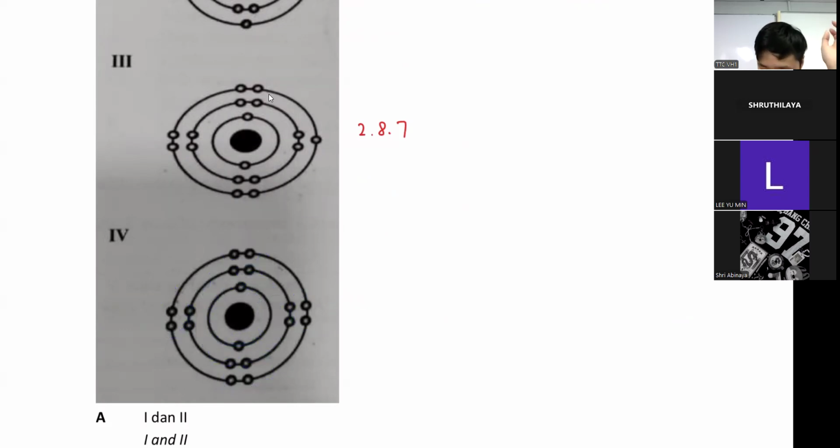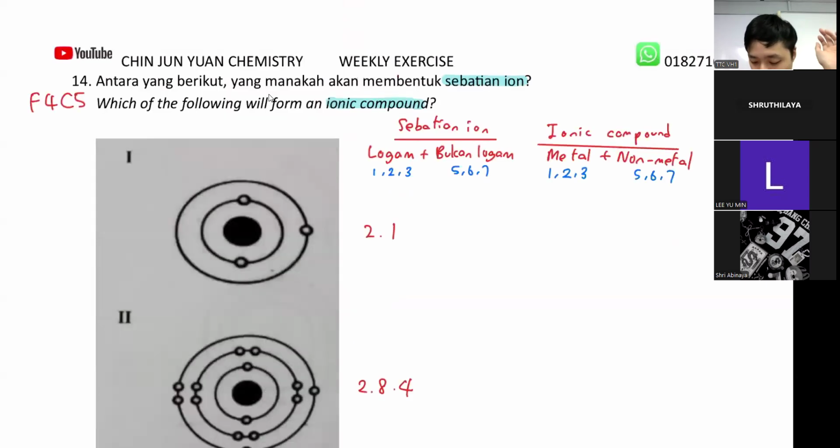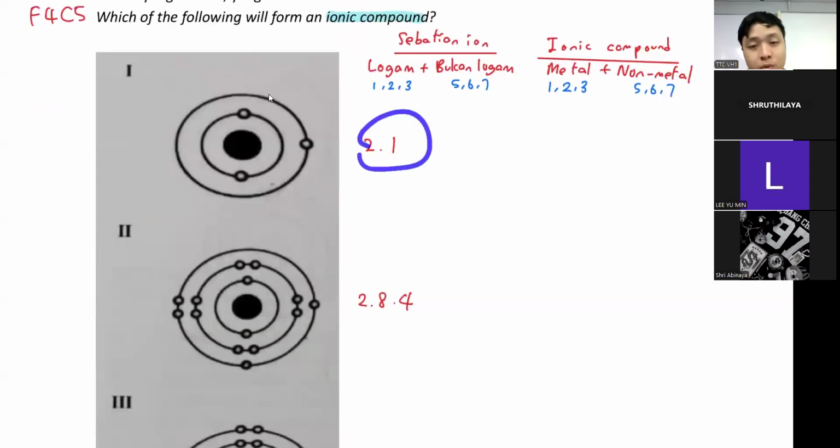The moment you see 2.8.8, no need to see it. The fourth is impossible. If you see the electron already full, it cannot react with anything. So most probably not going to get the fourth as the answer. Okay, 8 is impossible to react. So you only can see that ion is like metal. Confirm for sure is 1. For sure the answer should have 1.